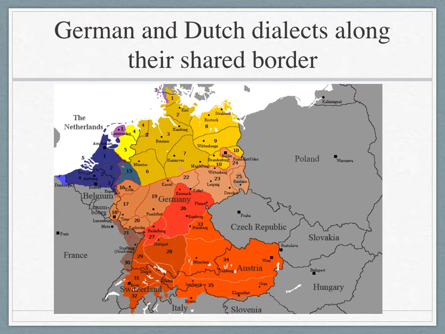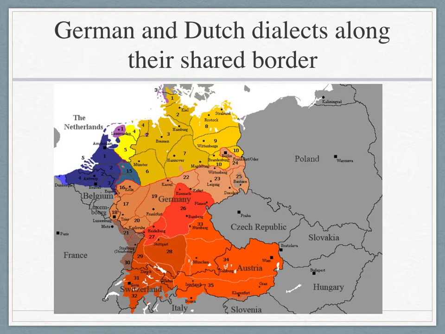So here's a map of that German example. In the darkest blue, we can see the Netherlands, and in the orange and red areas, that is Germany. Part of that is Switzerland, where a variety of German is also spoken.